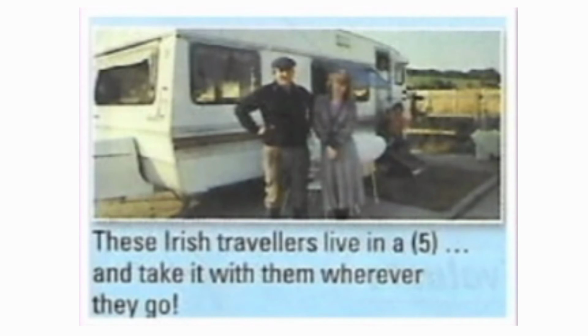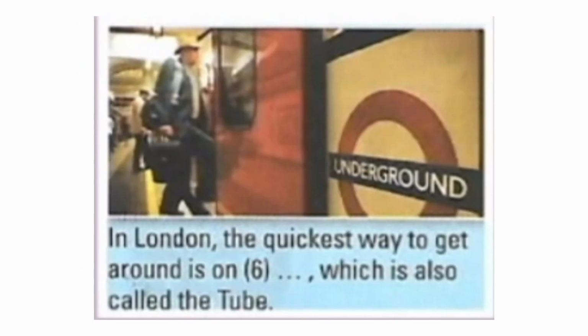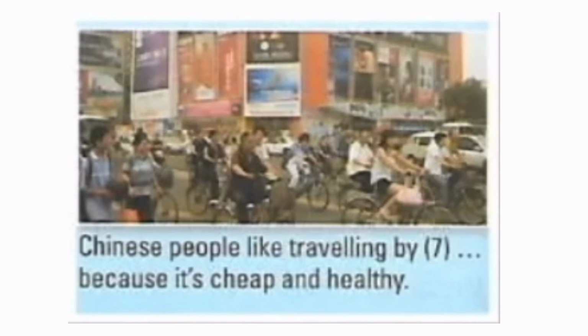These Irish travellers live in a caravan and take it with them wherever they go. In London, the quickest way to get around is on the Underground, which is also called the Tube. Chinese people like travelling by bicycle because it's cheap and healthy.